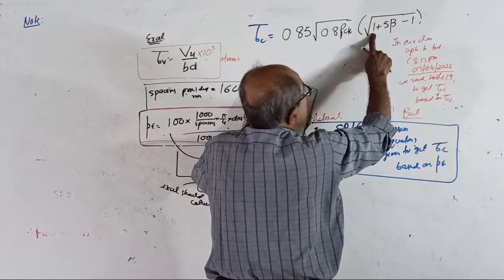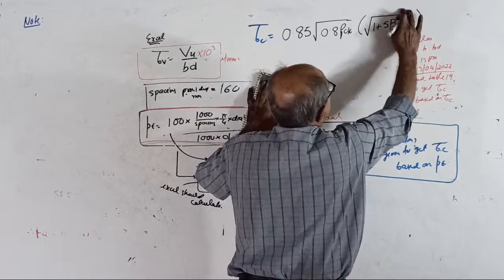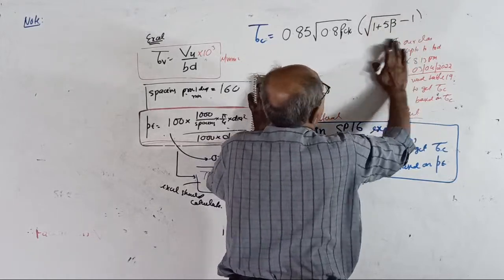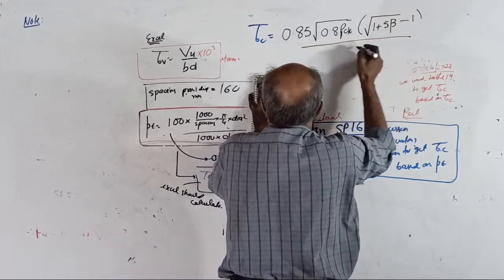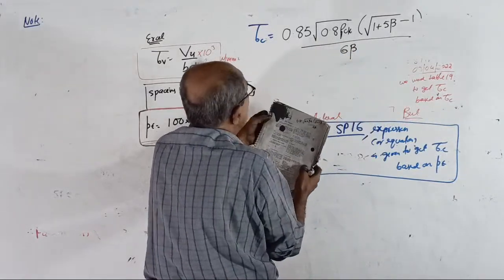Is it possible somebody puts 1 plus 8 minus 1? It is outside the root. Minus 1 divided by 6 times beta.